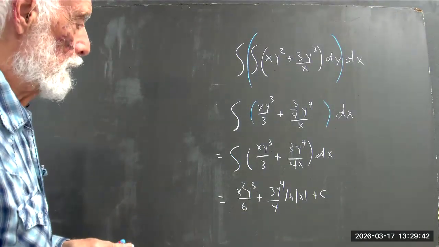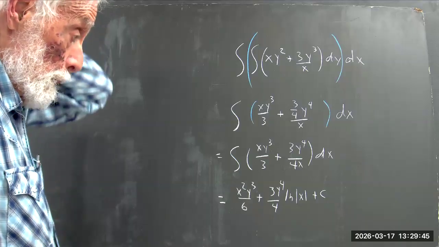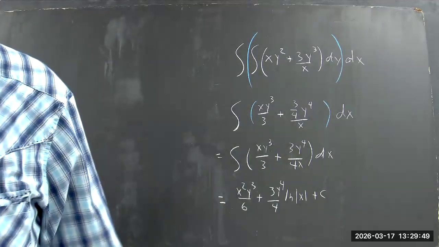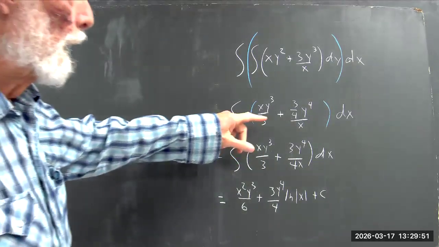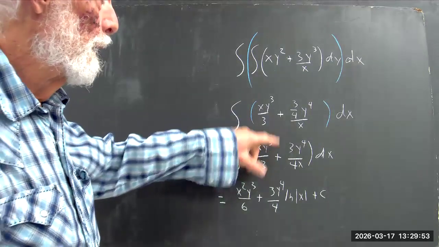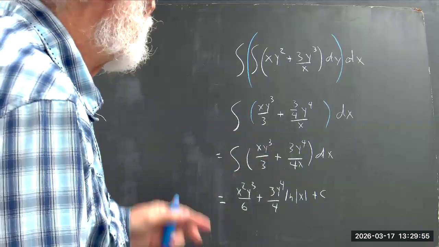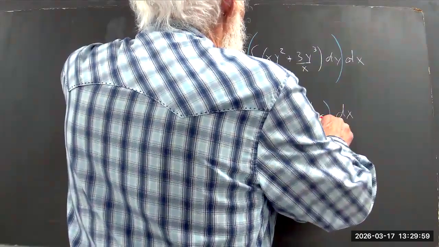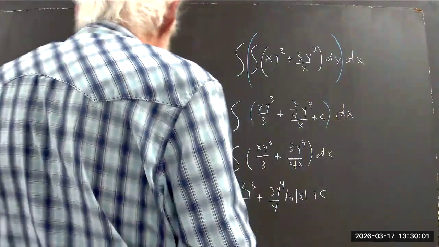Now, there's one thing I left out because I didn't want to confuse the issue. You notice I added a constant at the end here. Well, really, I should have added a constant when I integrated here. So really, this should have been plus C1.